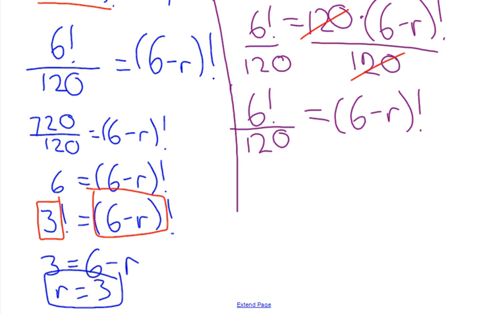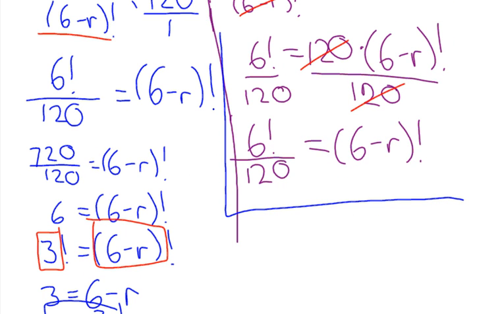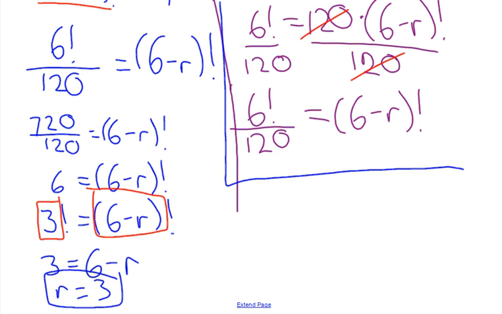So it does take a bit of time. You don't normally have to go through all this stuff. You have to ask yourself, is it quicker to guess and check, or is it quicker to do it like this? Yes, you are allowed to take it off.